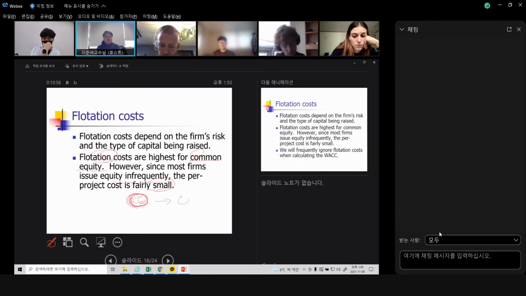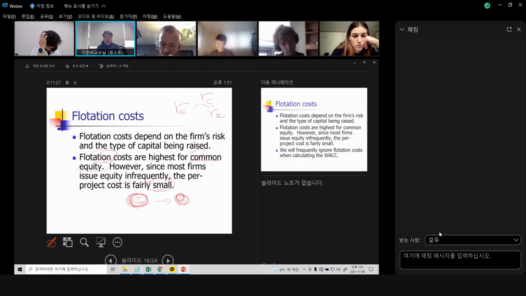So that event occurs infrequently. Okay, so even if we have the flotation cost, when we calculate RE or RS, we ignore that kind of cost. Originally there should be RC, right?